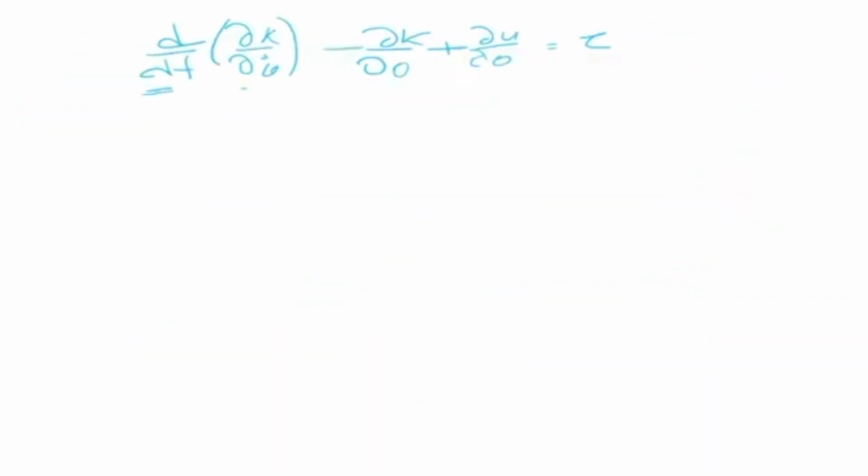So if you do that, what will end up here is tau 1 equal to, I'll write it in matrix form, m1 L1 squared plus IZZ1 plus IZZ2 plus m2 d2 squared into theta 1 double dot.